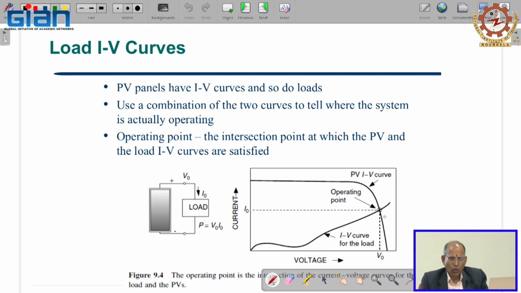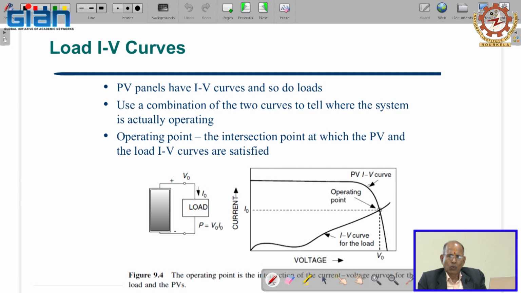Obviously we will be interested that the operating point is closer to the neck of this IV curve. Corresponding to the neck is the MPP. So from here you will see the concept of the maximum power point tracker.